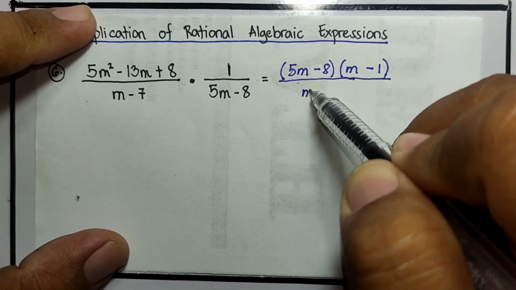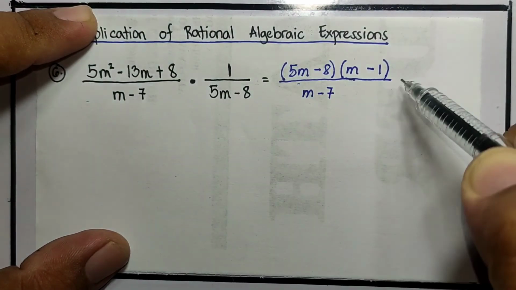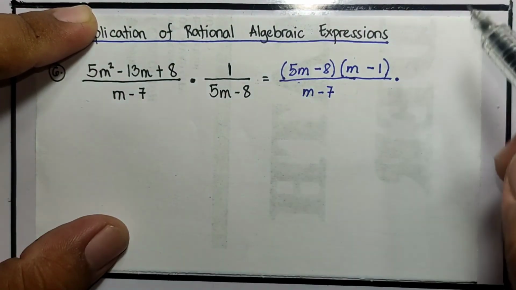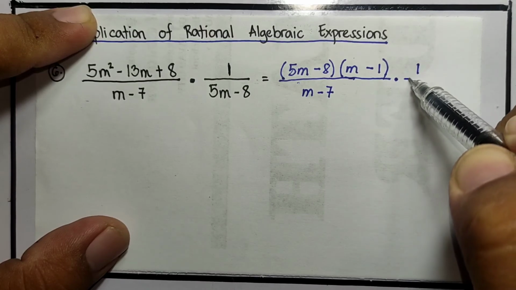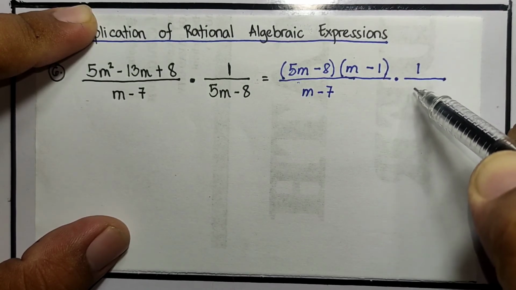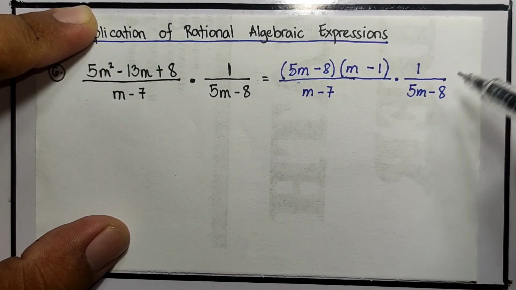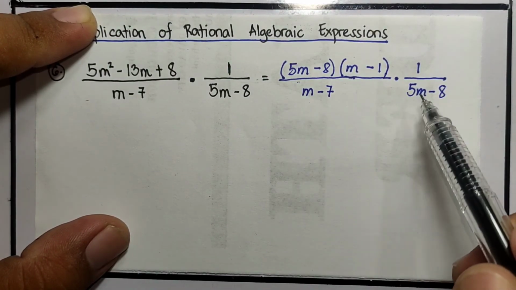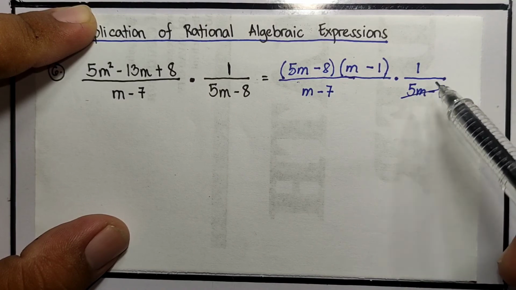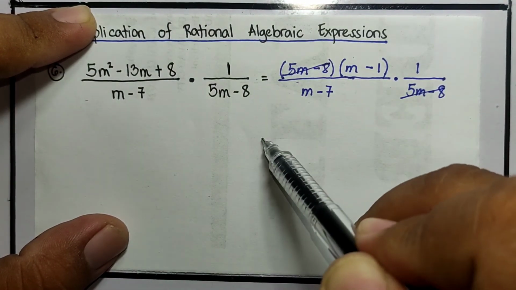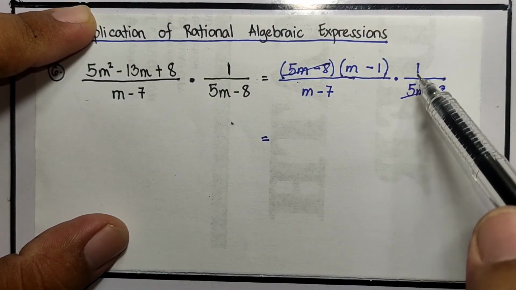Then we have m plus 7 times 1 over 5m minus 8. Okay, 5m minus 8 and 5m minus 8, cancel natin. Meron tayo dito natira.